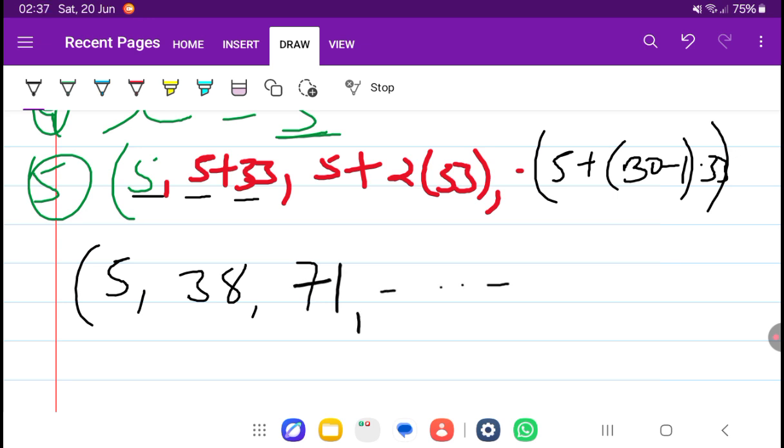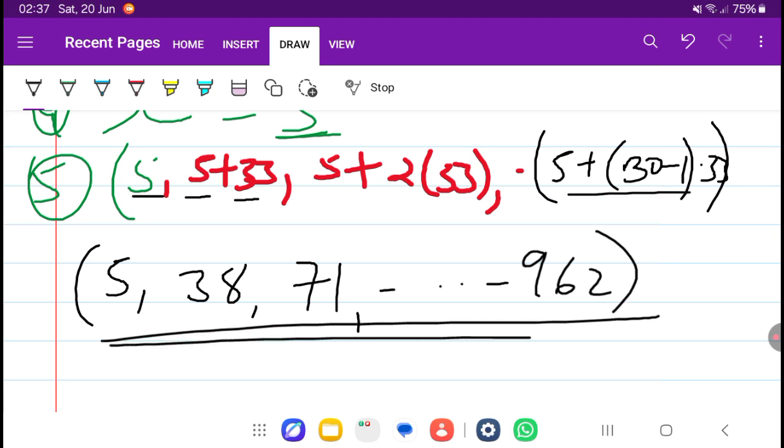Then you move and you solve also this one. This one will give you 962, and that will be your last sample. So that's the systematic sampling.